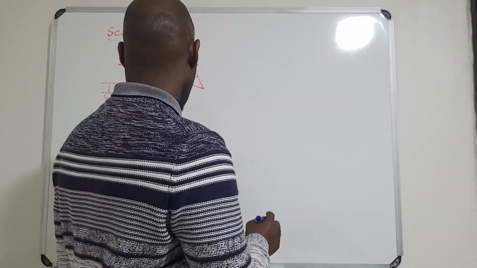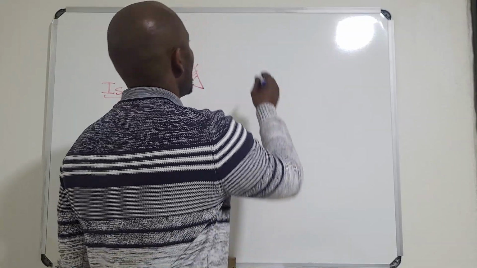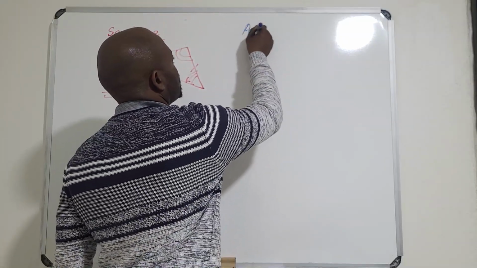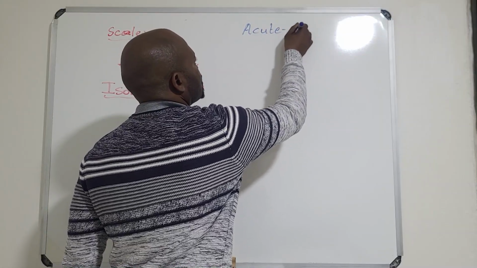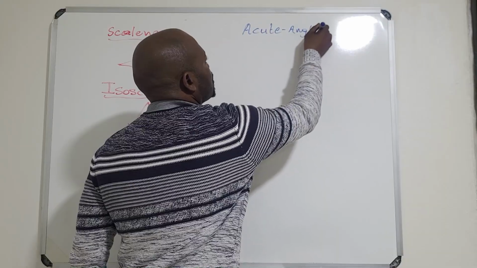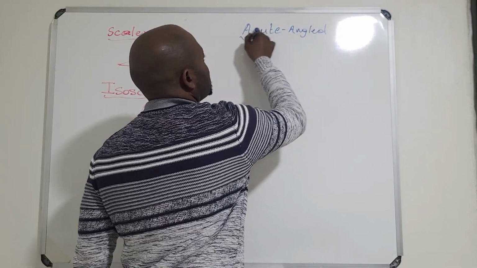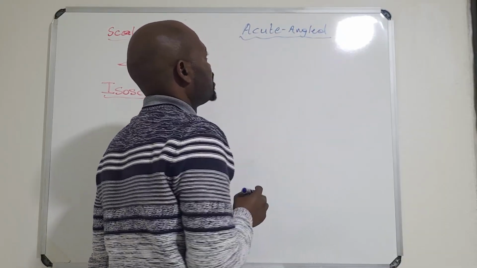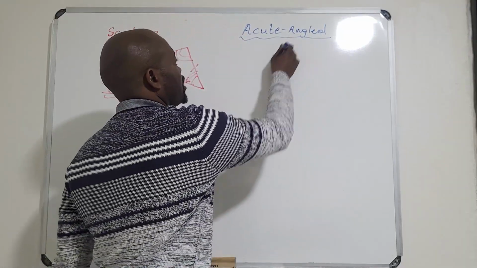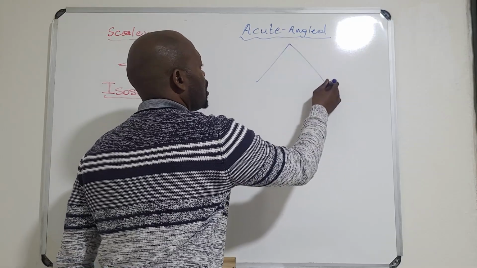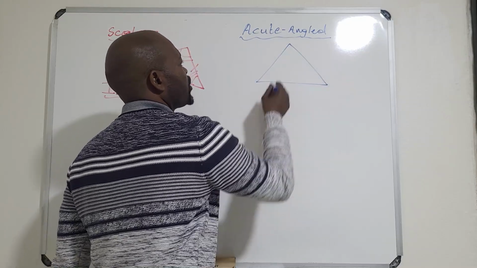Now, we want to also look at an acute angled triangle. This is an acute angled triangle. An acute angled triangle is a triangle where all angles are acute.